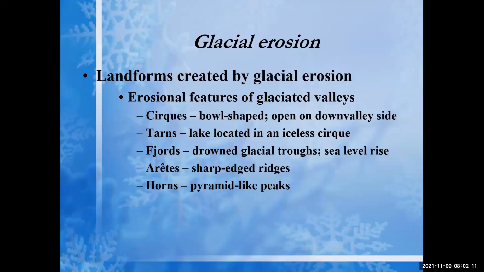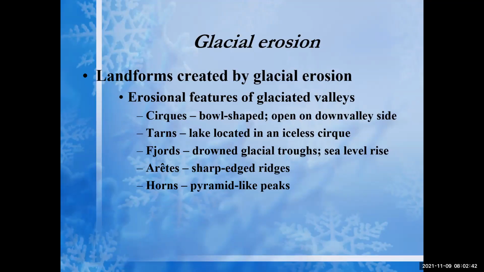And so just to summarize some of the features that we just mentioned, some of the landforms created by this glacial erosion, we have this both in picture form and in text form definition. So a cirque, a bowl-shaped area generally within that zone of accumulation that's open on the down valley side. That is, the ice is moving from this cirque down valley.